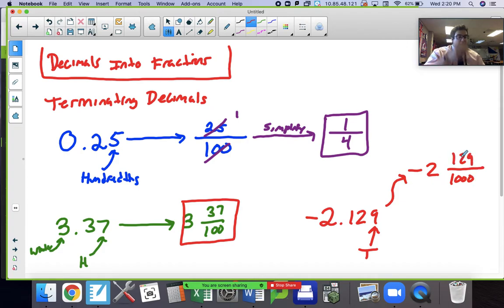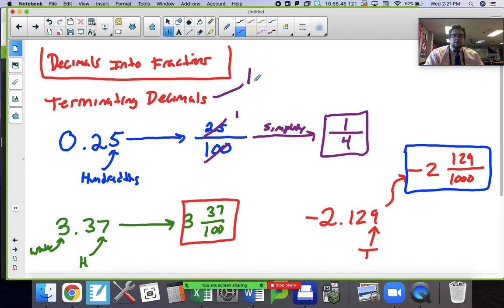We make sure that we can't simplify it at all. 2 doesn't go into both. 3, 4, 5, 6, 7, 8, 9, 10. None of those. 8, 9, 10, 12, 13, 14. This is as simple as it can be made. So terminating decimals, all we have to do is look at place value.